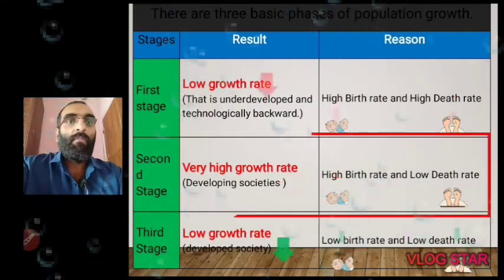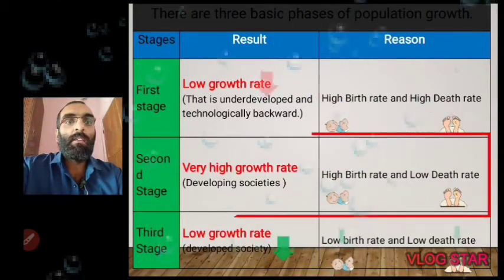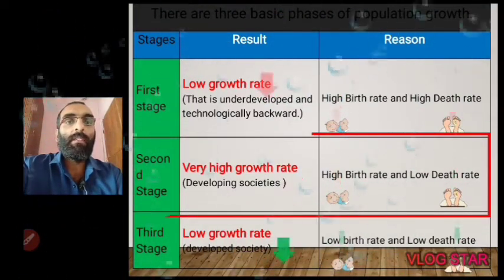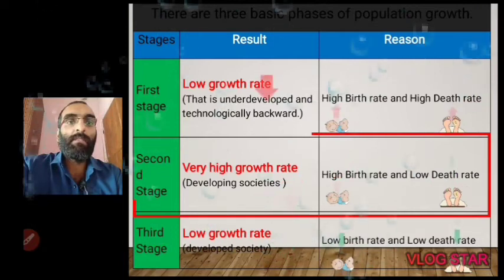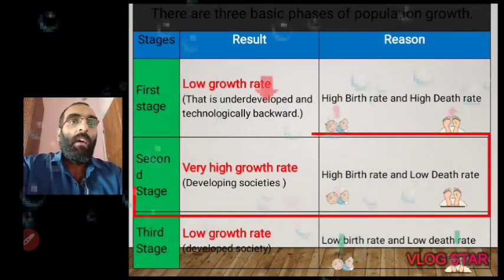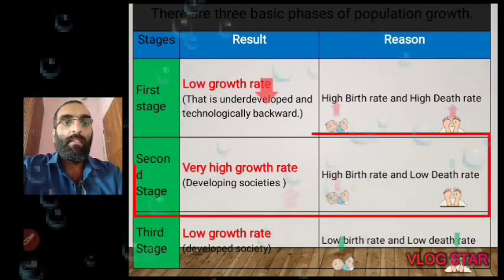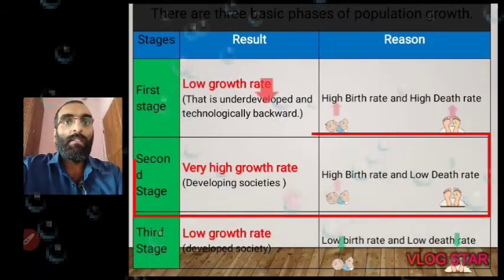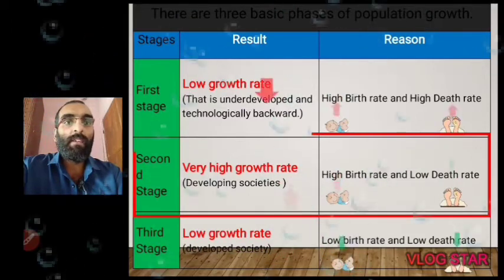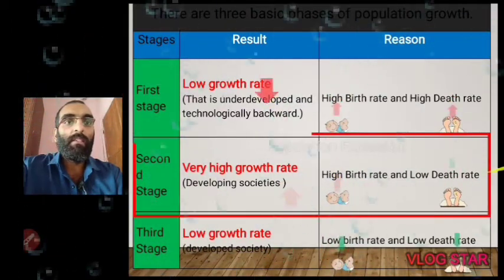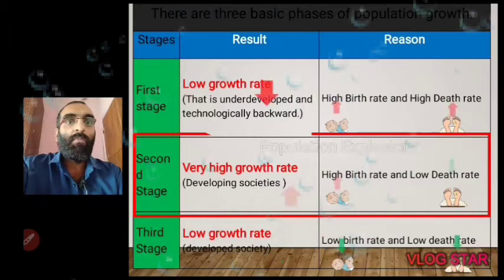The population explosion happens in the second stage, in developing societies, where there is a high birth rate and low death rate. So the theory of demographic transition explains the population explosion.